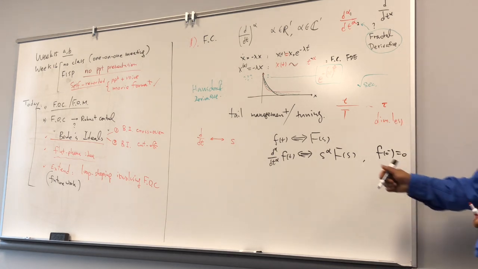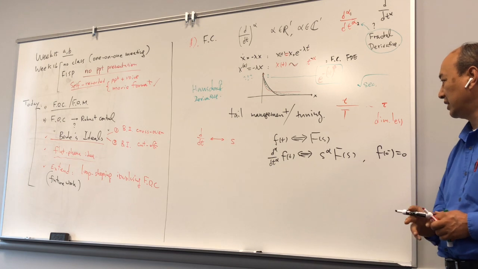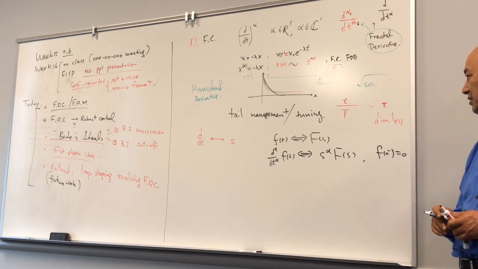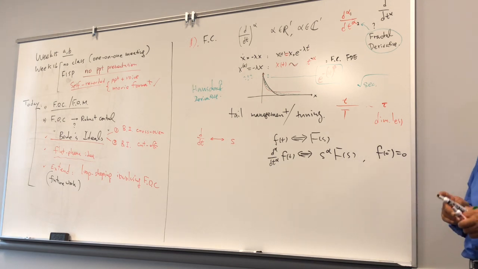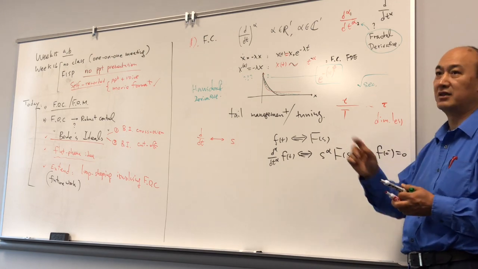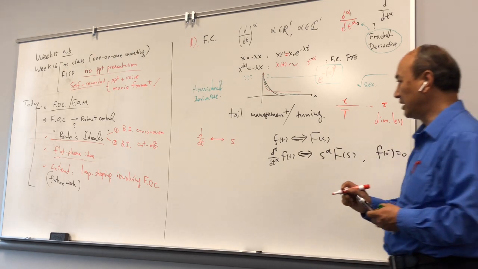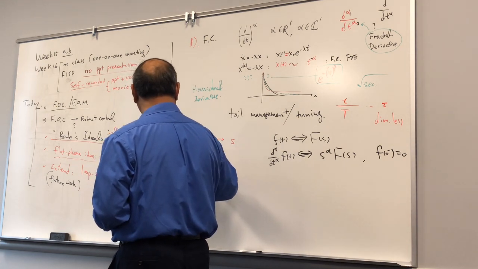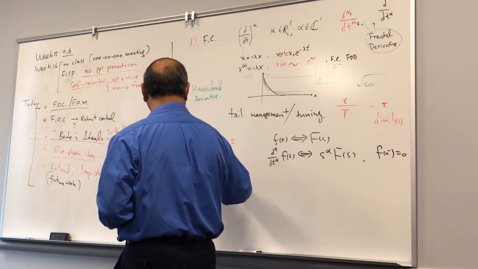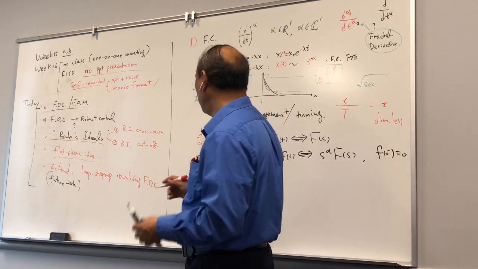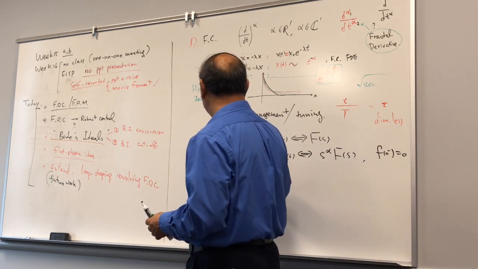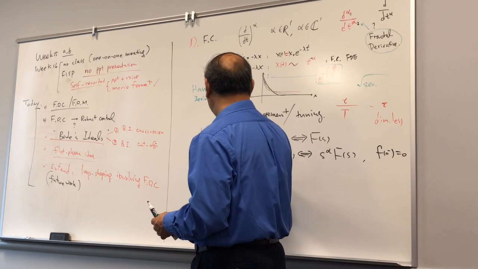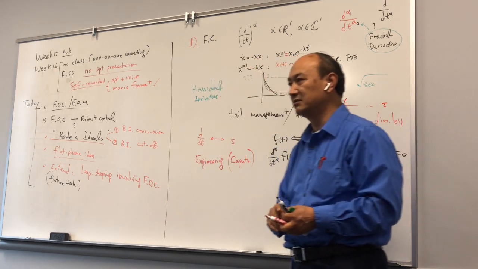But regarding initialization, there's a very lengthy discussion about how to assign the initial value. So there are two things we should bear in mind. In engineering, in our field, I suggest everybody focus on the Caputo derivative.